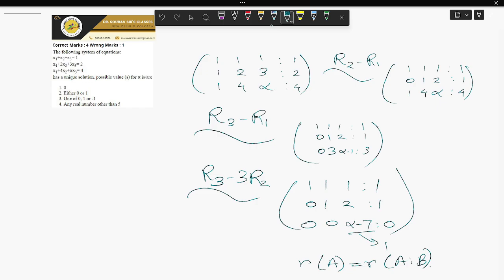So 0 can be an option here, 1 or 0 or minus 1. So any real number other than 5 is not the correct option. The correct option should be any real number other than 7. Okay.